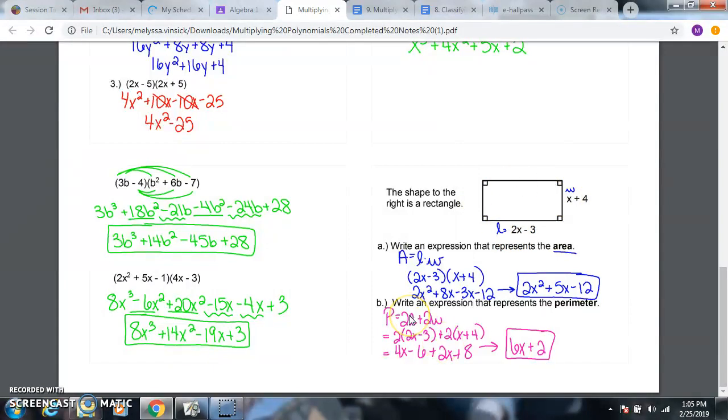So your actual formula for perimeter is 2L plus 2W. So 2 times the length plus 2 times the W. You have 2 places to distribute here. This 2 gets multiplied in here. This 2 gets multiplied in, and then you combine like terms. Okay? Or you ultimately could write this out and do 2x minus 3 plus 2x minus 3 plus x plus 4 plus the other x plus 4.